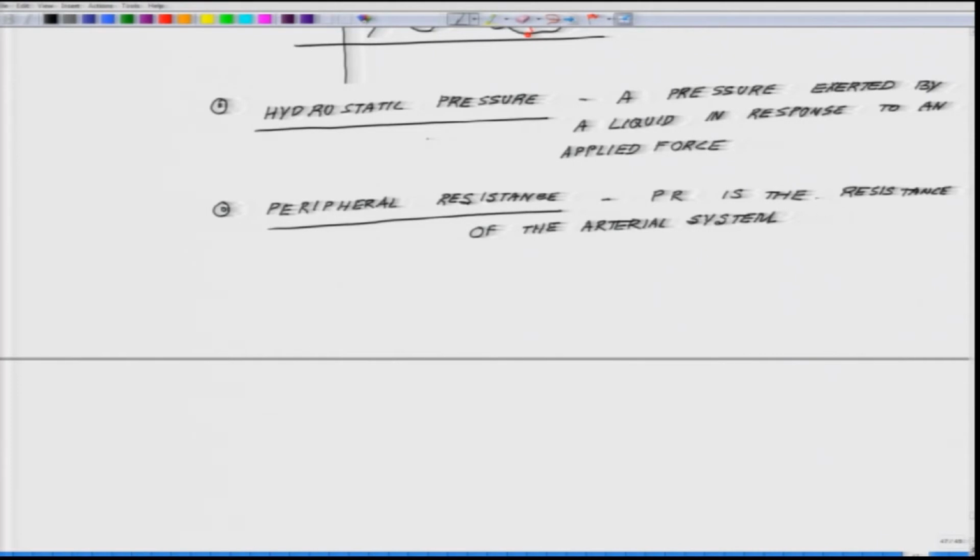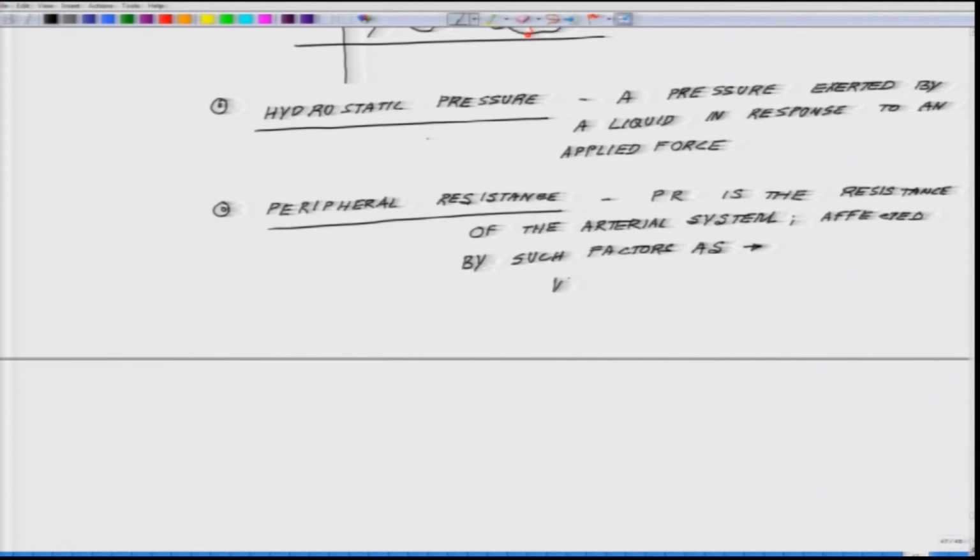It is affected by such factors as, this part is critical, now here keep a close eye. What are the factors which are affecting?